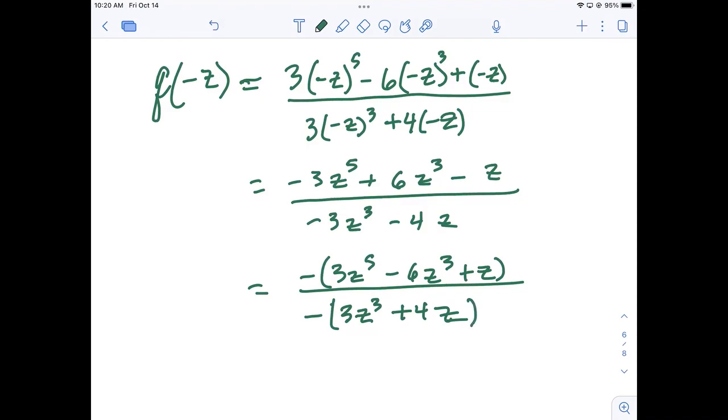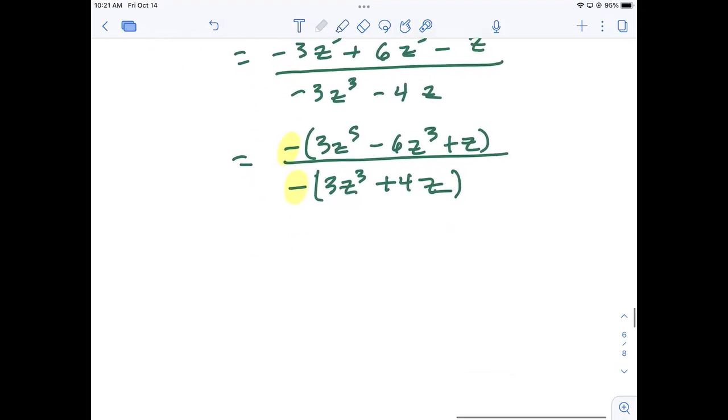And here's what happens. When the numerator is an odd function and the denominator is an odd function, what happens with those two negatives that are out front? They divide out.